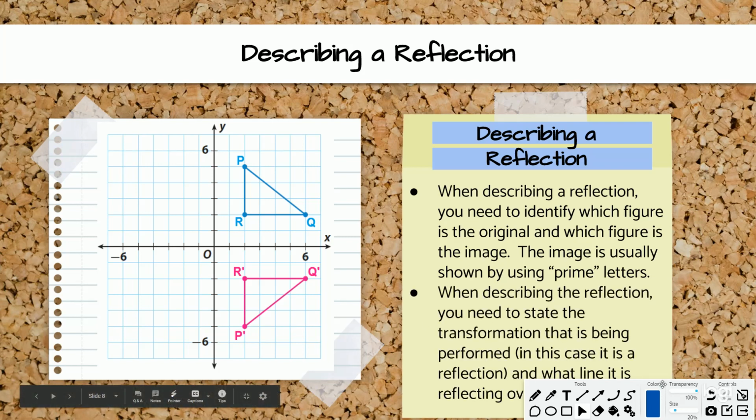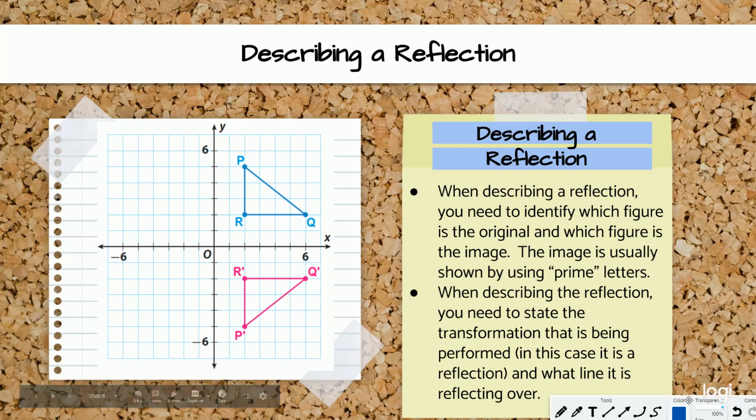And then, when describing a reflection, we need to state the transformation that is being performed. So in this case, it's going to be a reflection. And then what is the line it is reflecting over? So in 8th grade, it's going to be either the x or the y axis. So for this one, here's the x-axis. If it was reflecting over the x-axis, they would be moving that way.